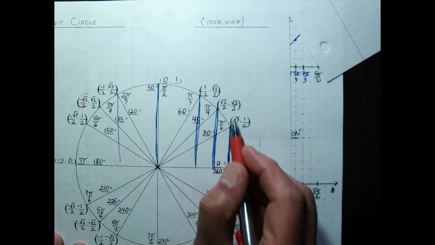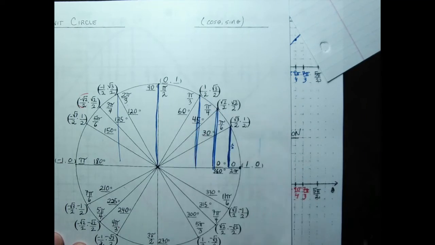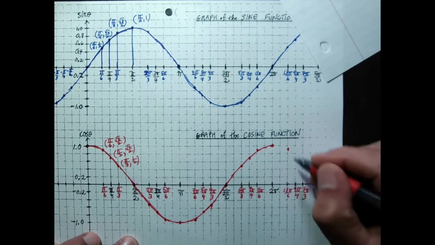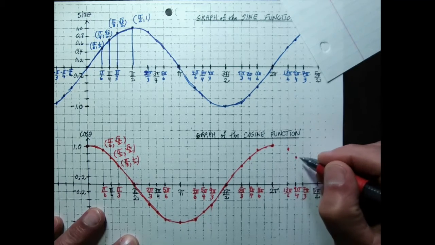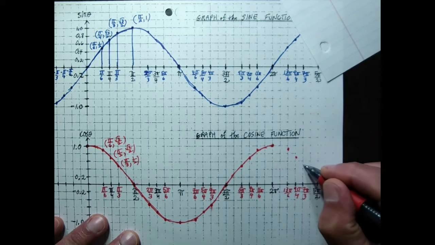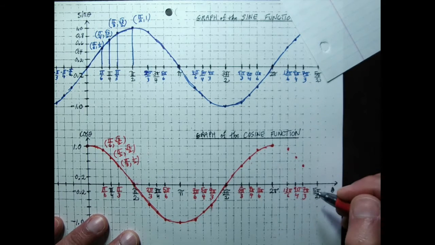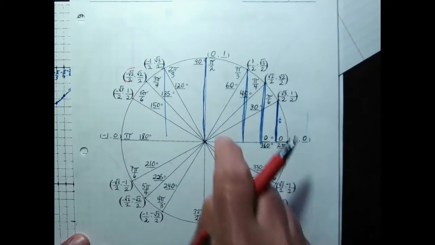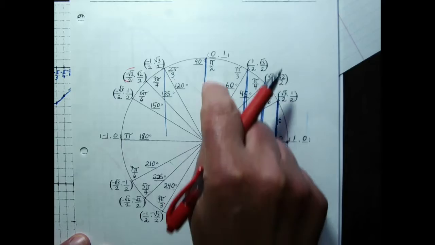So square root of 3 over 2, square root of 2 over 2, 1/2. It's like that, 0.87, 0.7. At 7 pi over 3, the cosine will be exactly 1/2. And at 5 pi over 2, which is one full circle plus pi over 2 more, the cosine is 0.